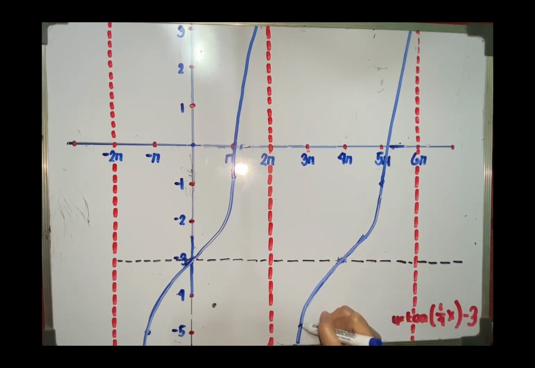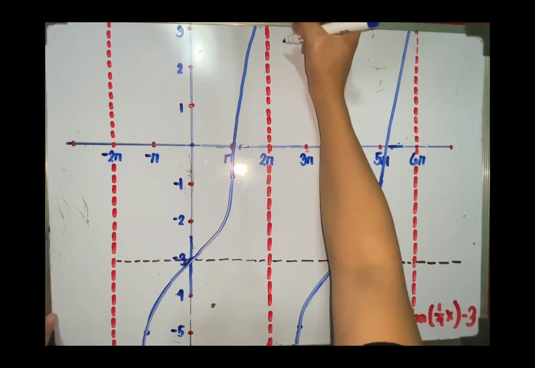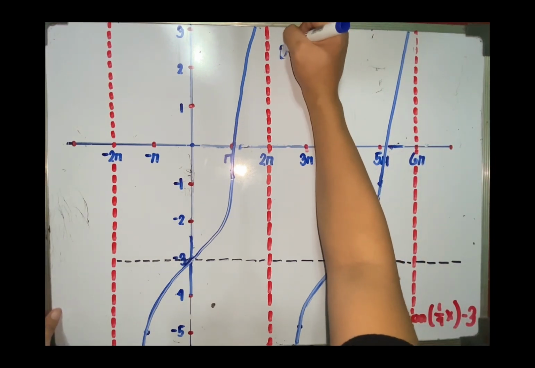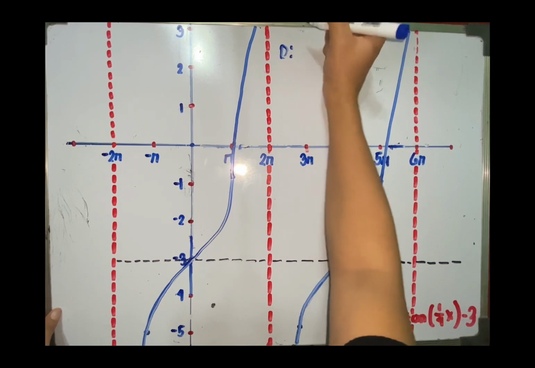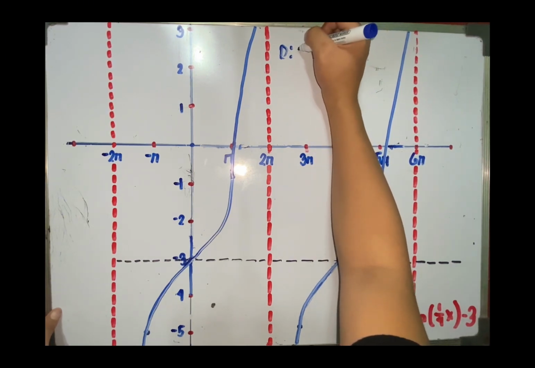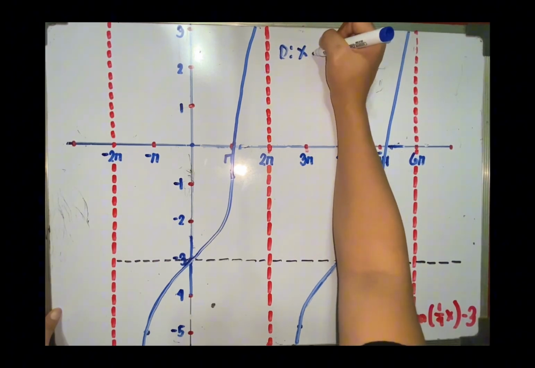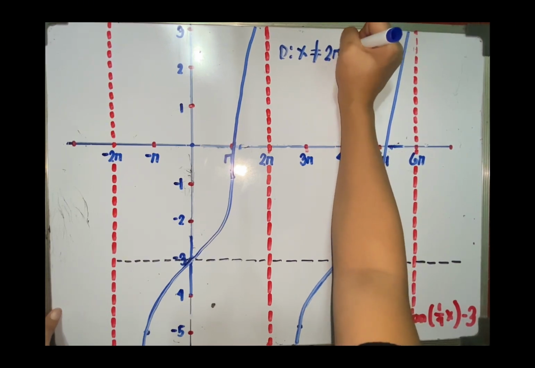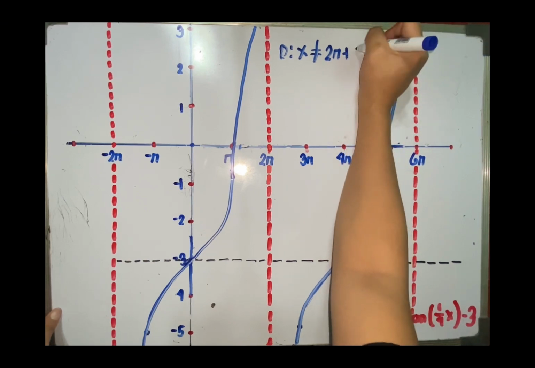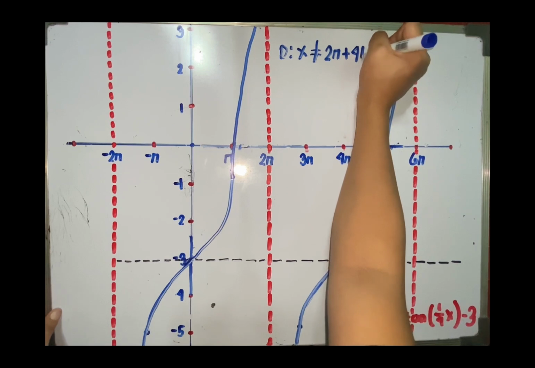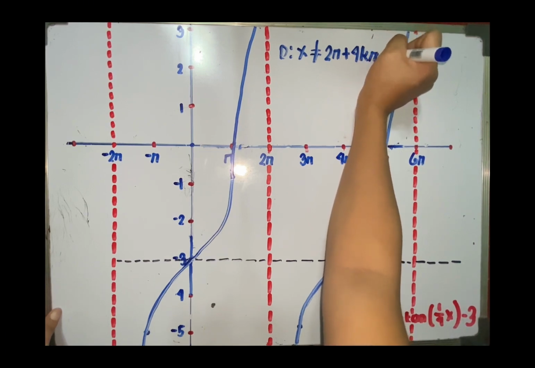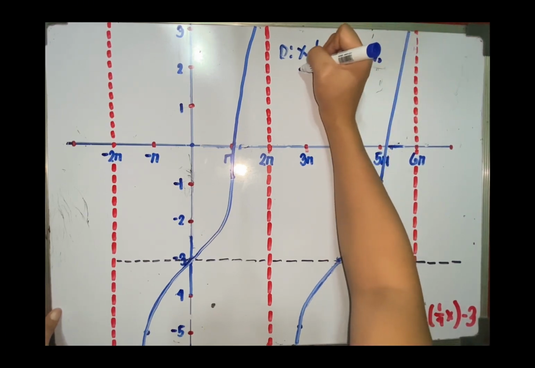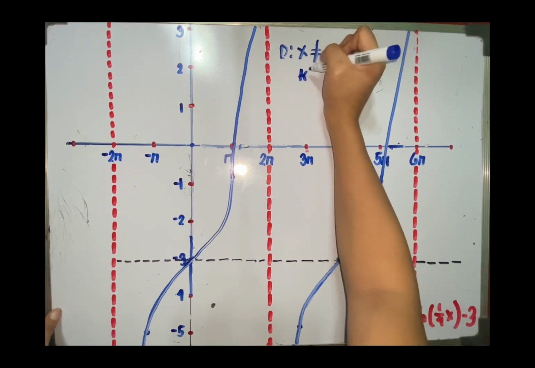Since we're almost done in our graphing, now let's do identifying the domain and range. First, our domain is all real numbers except values where x is equal to 2 pi plus 4k pi, where k is any integer.